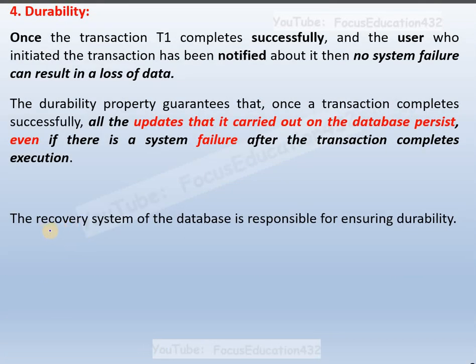So durability is handled by the recovery system. This component of the subsystem ensures that the values persist or continue after the message is shown to the user that the database has been saved. So these are the 4 properties a transaction must follow to ensure the correctness of the database.